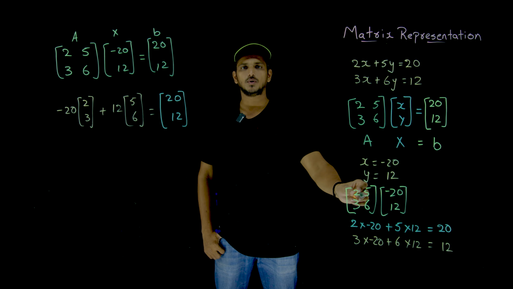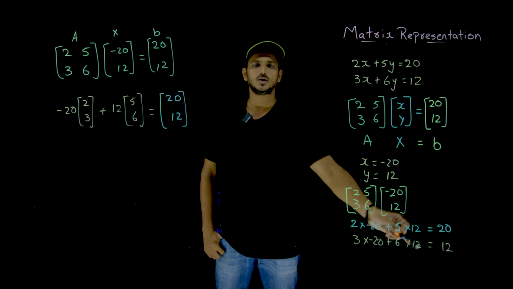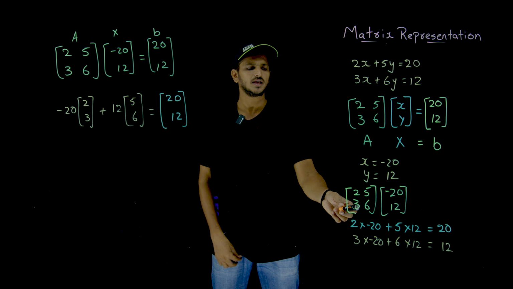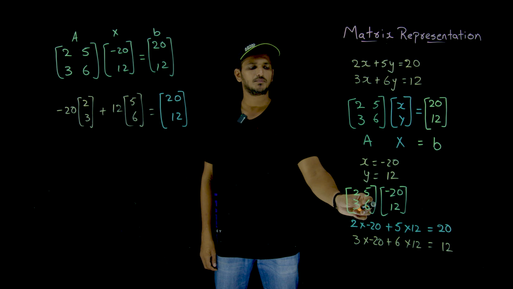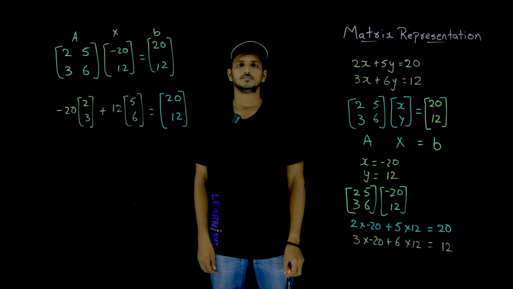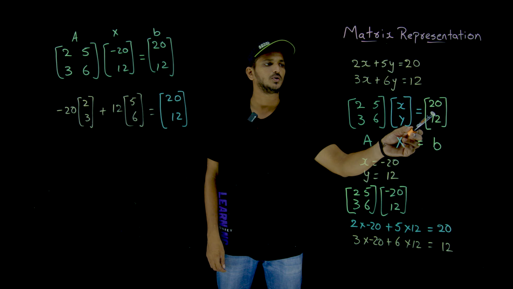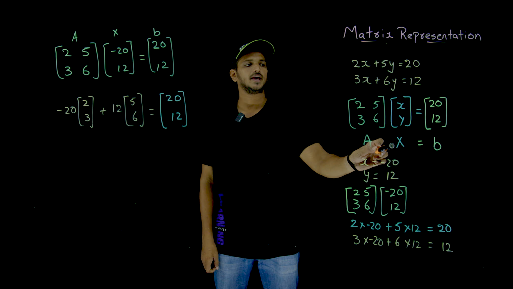When you do the matrix multiplication, 2 multiplied by minus 20 plus 5 multiplied by 12 is equal to 20. Similarly, the second row: 3 multiplied by minus 20 plus 6 multiplied by 12 is equal to 12. So you got the output 20, 12. So AX equals B.